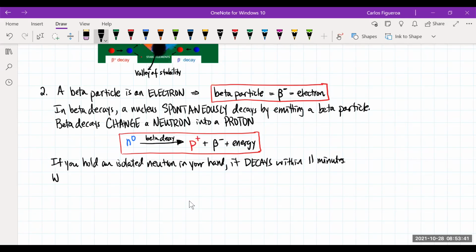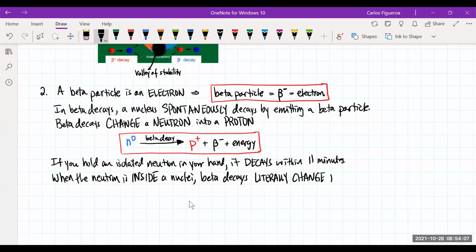So when the neutron is inside a nuclei, beta decays literally change the identity of an atom. It literally changes the identity.